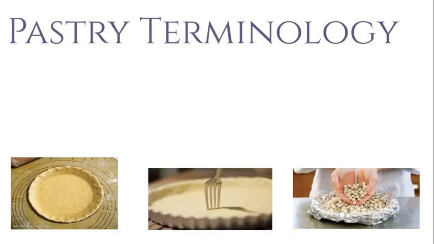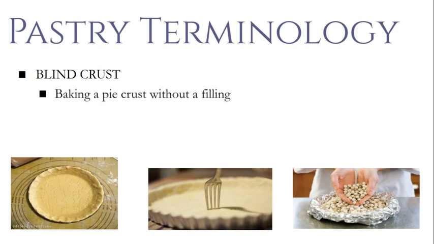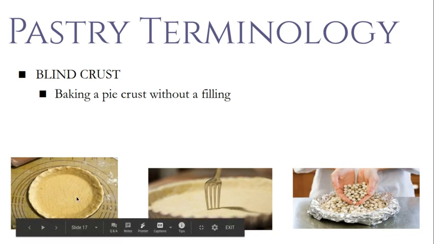So some pie terminology. Blind crust, we also call it baking blind, is when you bake a pie crust without filling. Okay, so your pie crust is all rolled out here in this picture, and you can see they're poking some holes in it. And then they have covered it and put these little baking beads in there. You can also use rice.